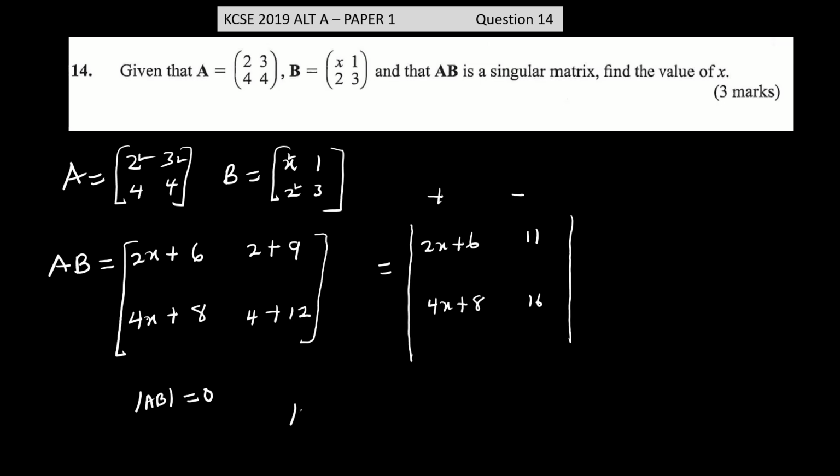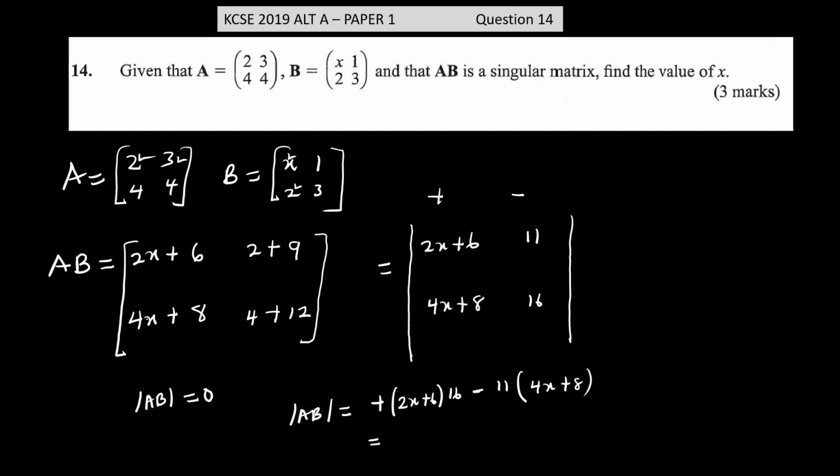So the determinant of AB is equal to plus (2x plus 6) times 16, minus 11 into bracket (4x plus 8). We are simply looking for the determinant of this matrix.